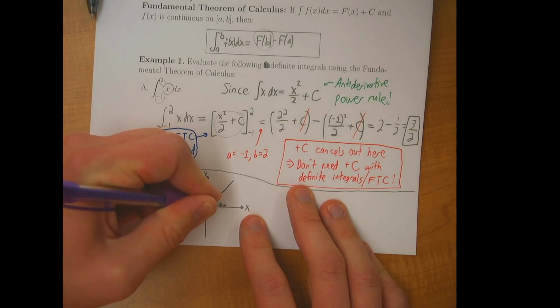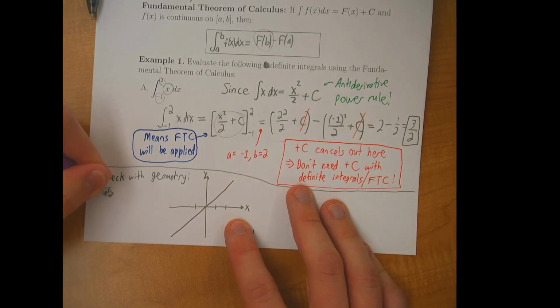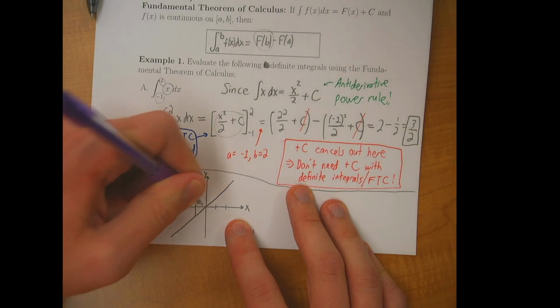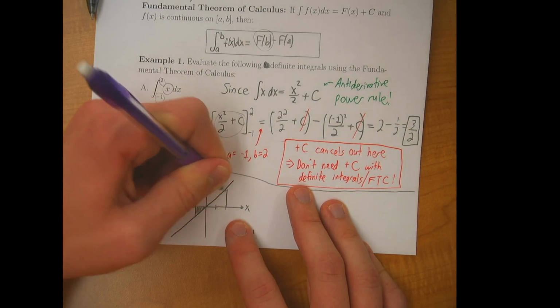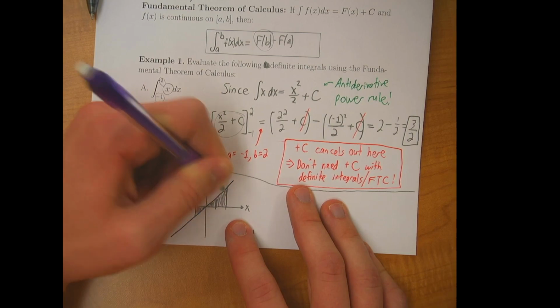So in this case, since f of x equals x, we have this triangle here, and then this triangle here we have to add up. At least there are signed areas we have to add up.